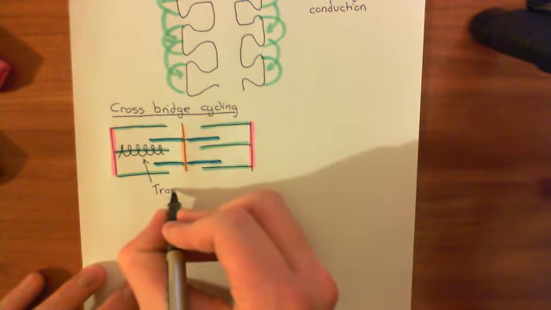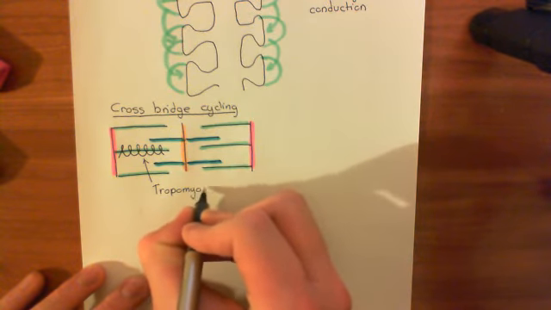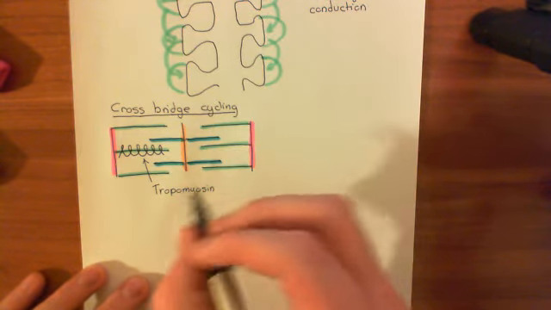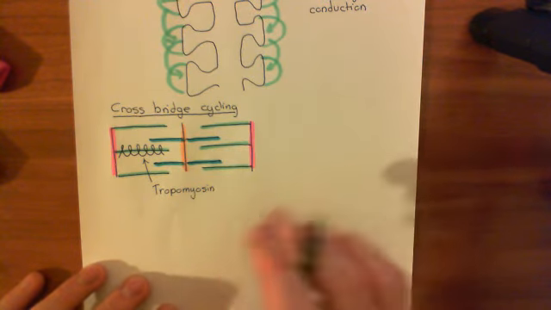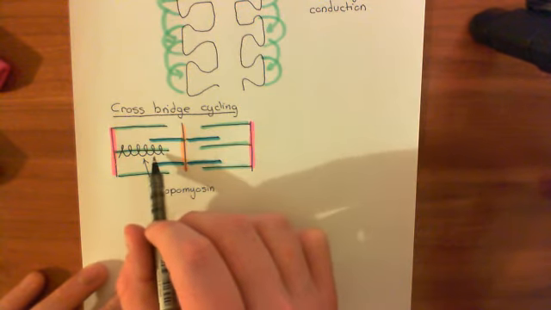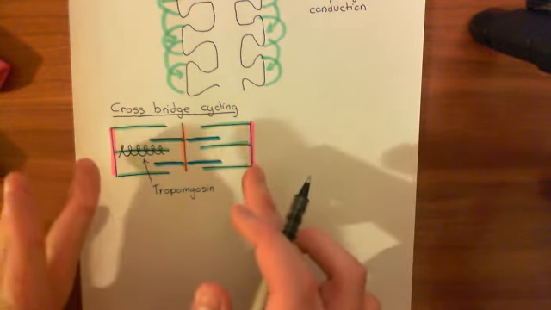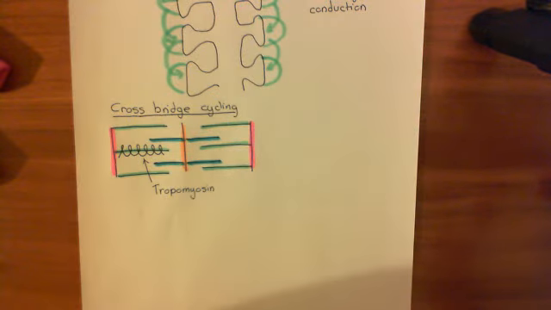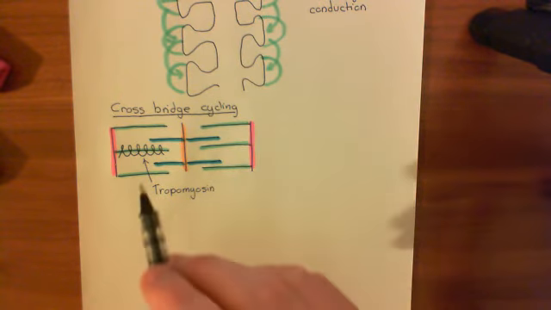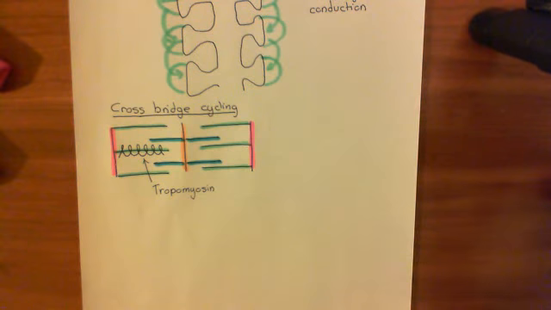Tropomyosin being round the actin filaments stops these myosin filaments from being able to interact with the actin filaments. And if you remember, in order to get sarcomere contraction, in order to bring these Z discs closer to one another, you need the myosin filaments to be able to interact and climb up the actin filaments. So this tropomyosin is blocking that climbing up. Basically what we need to do is move that tropomyosin.